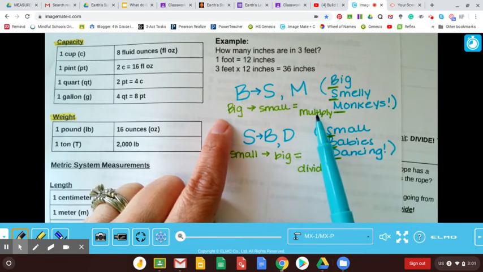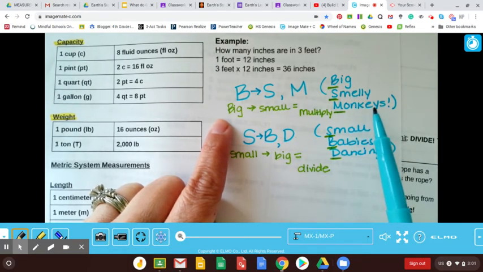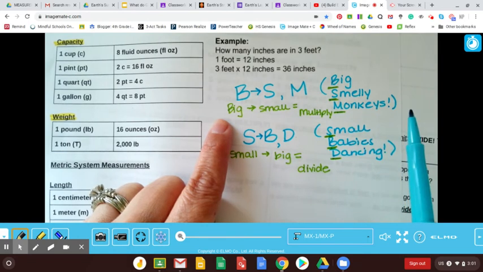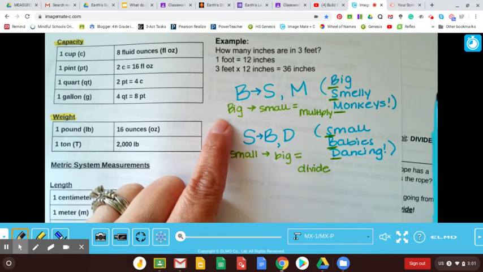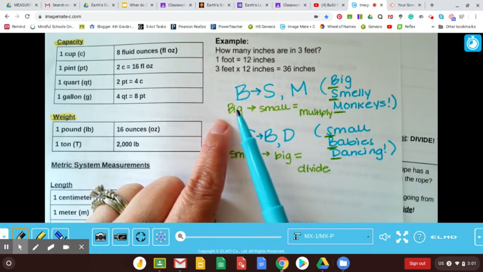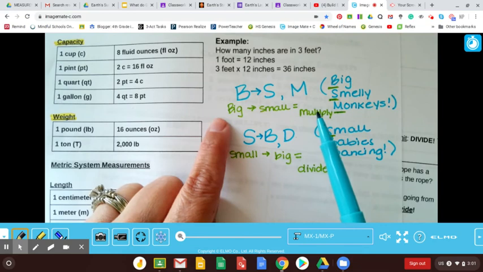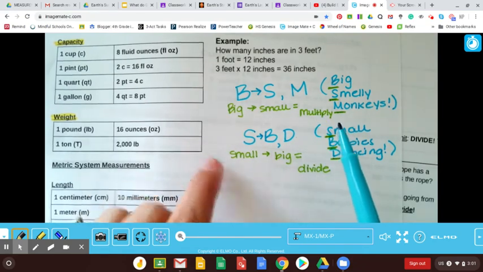Big to small, multiply. And we came up with big, smelly monkeys. So picture in your mind a few really giant monkeys that are just really stinky and smelly, and get that visual in your mind. Big, smelly monkeys. So when you have a big unit to a small unit, you multiply. BSM. This is the one we probably do a little bit more often.